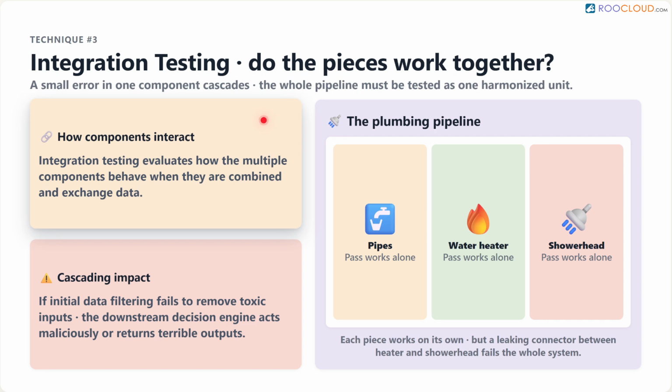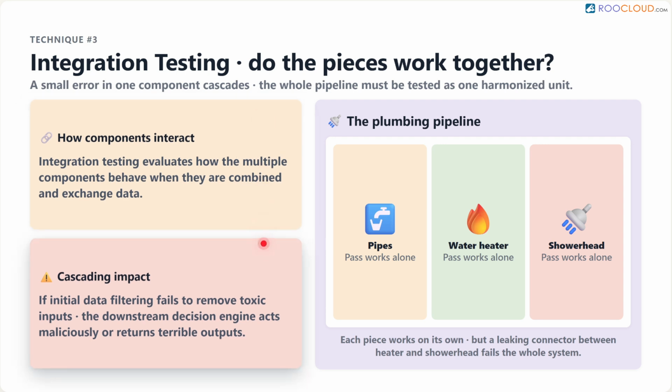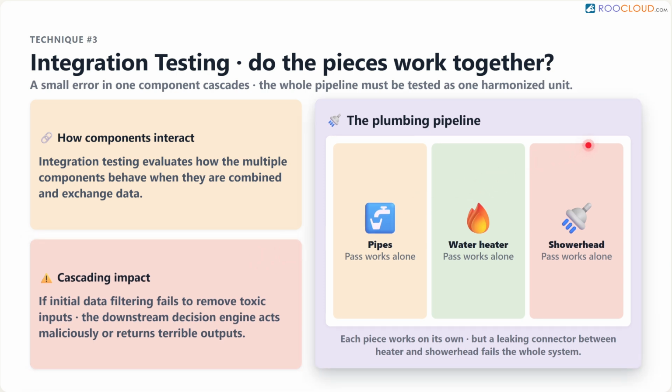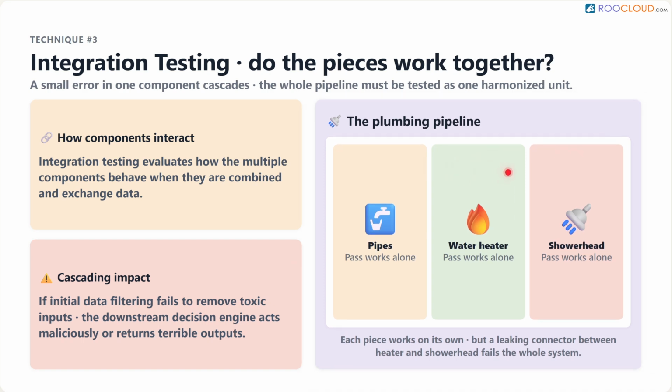Integration testing evaluates how these multiple components interact with one another when combined. This is crucial because a small error in one component can create a massive cumulative impact on the overall behavior of the system. Think of it like a plumbing pipeline in a house. The pipes, the water heater, and the shower head might all work perfectly on their own during unit testing.